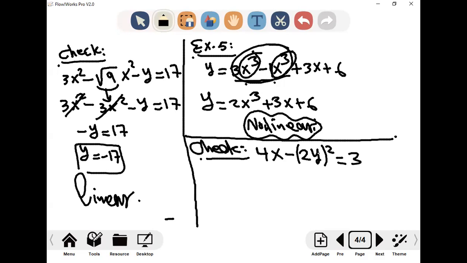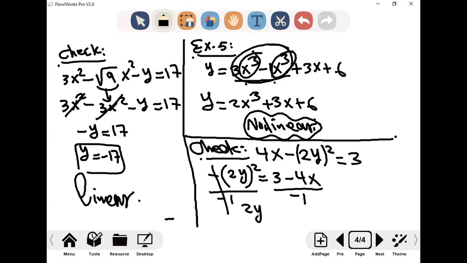y equal. What's the variable here? The variable is x. مش حكيت لك انا؟ يلا. So here negative 2y all power 2 equal 3 minus 4x. في مشكلة؟ Sorry, the negative inside the bracket. Right? Now here we have negative 1, right? We can get rid of this negative by dividing both sides with negative 1. So these are gone. Still 2y all power 2 equal 3 minus 4x over what?